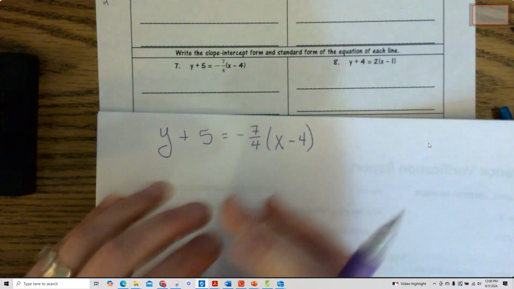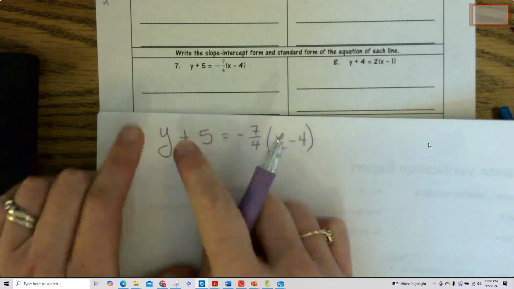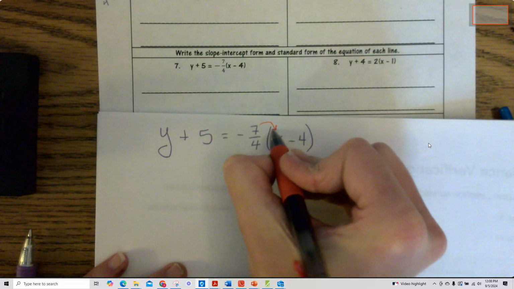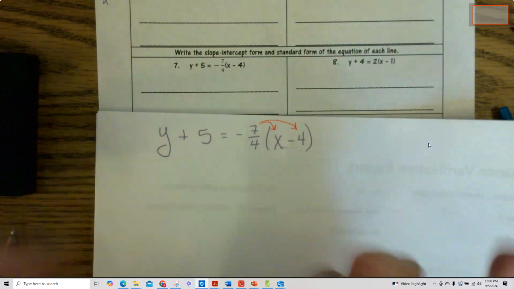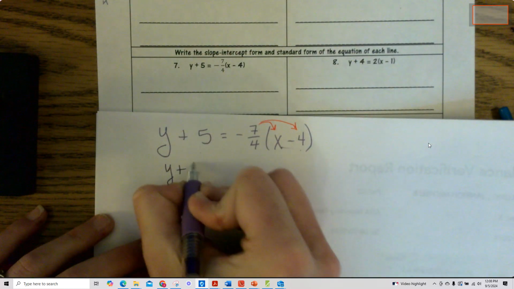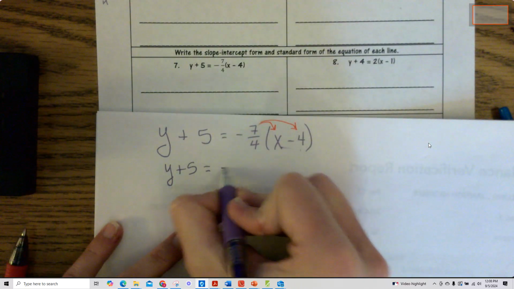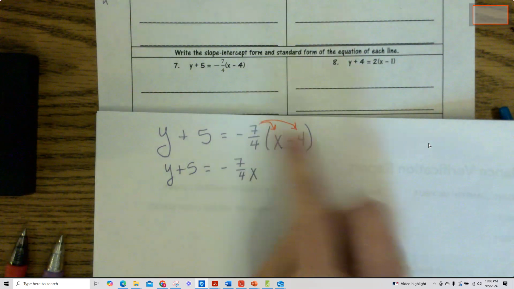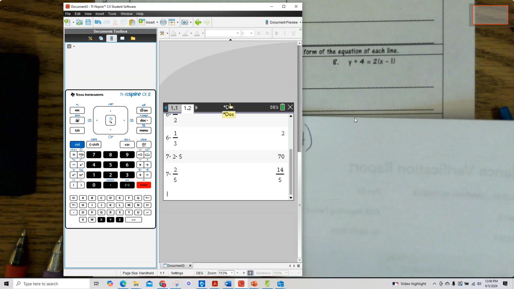For slope-intercept form, all I have to do is break this thing down and get y by itself. First thing I'm going to do, I'm going to distribute before I do anything else. So everything over here is going to stay like that. So negative 7/4 times x is negative 7/4 x. Negative 7/4 times a negative 4, I can do that in my calculator.